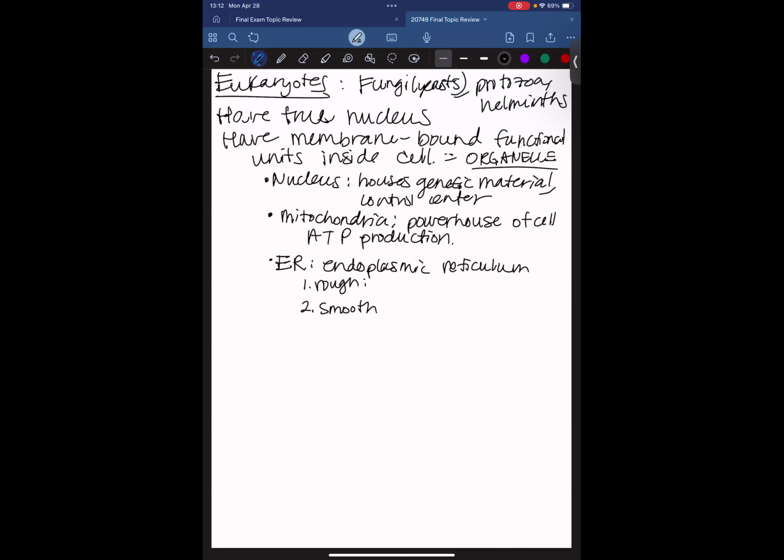Anybody know? It has ribosomes on it. That's why it's rough. It's the site of protein production. What's the smooth ER for? This is where we're going to have production of other biological macromolecules. So this will be lipids and carbohydrate production.